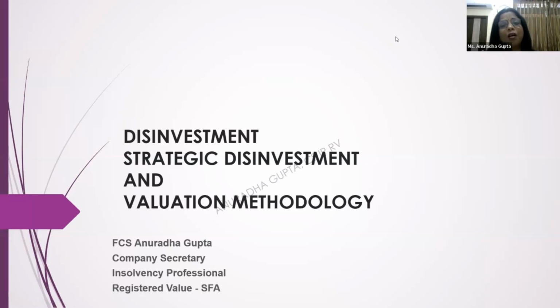So you should know what the different processes involved are, because this particular field of valuation is equally open to the SFA valuer as well as the asset valuer, because in this process, both types of valuation are to be done. Interestingly, when the government gets the valuation done, it gets two separate valuations done.